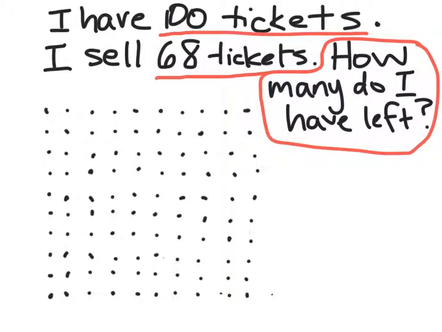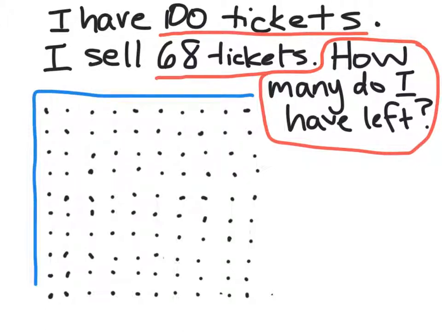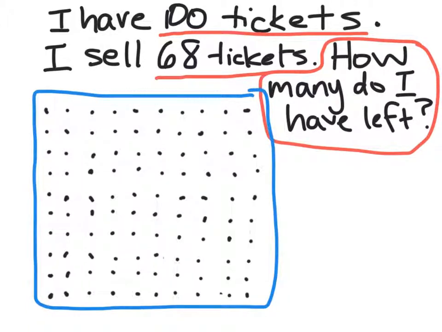So what I want you to do on your math board is we're going to take our 100 tickets and we're going to try to get rid of 68 of them. So I'm going to have you circle a whole square of dots here, because one whole square of dots is 100 dots. So I have 100 dots here, and I want to get rid of 68 of them.